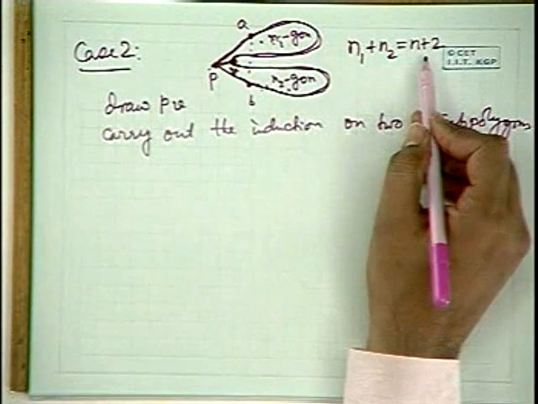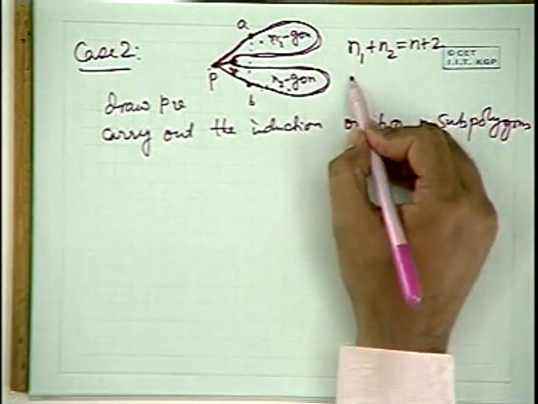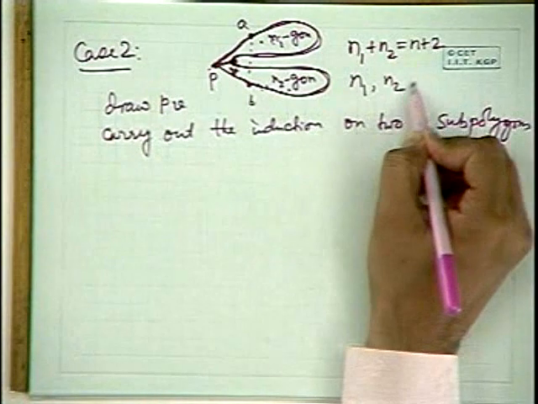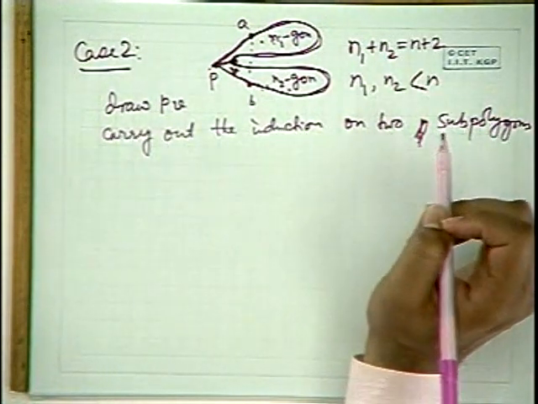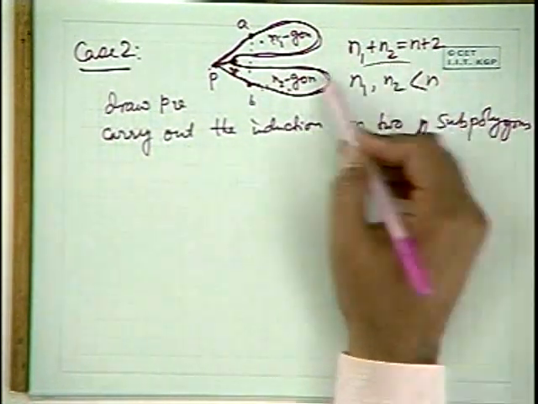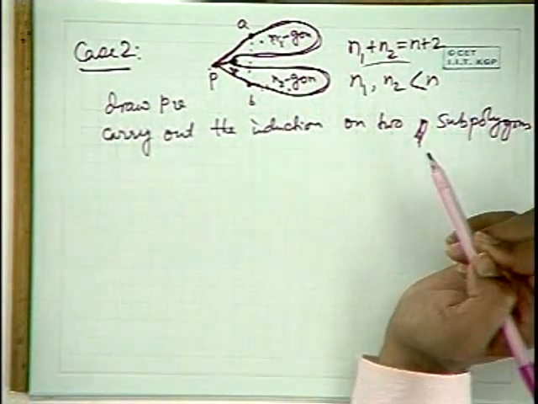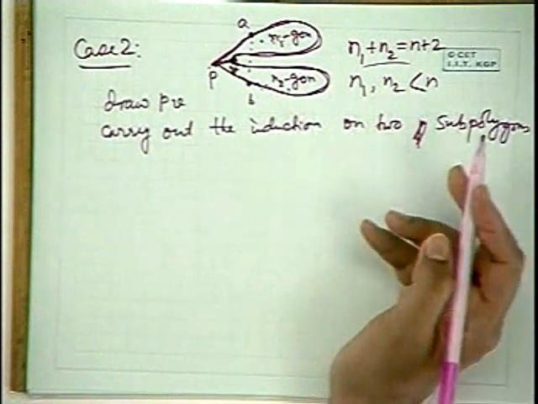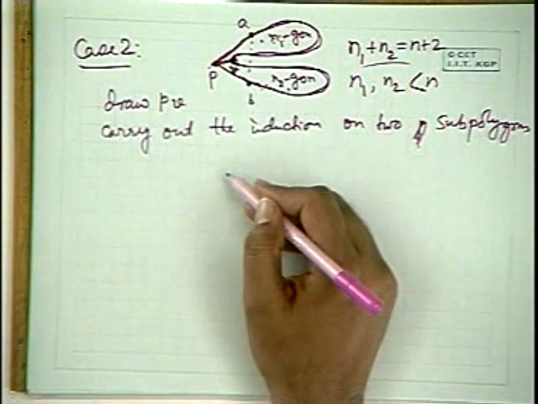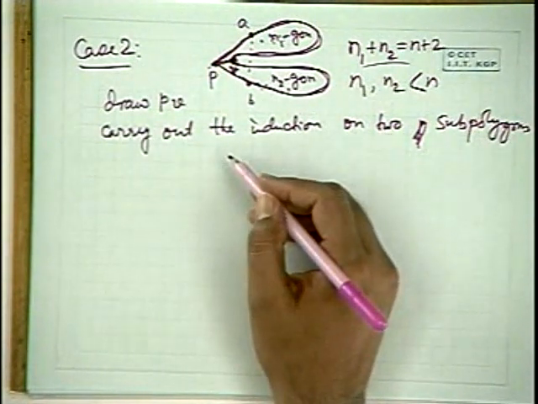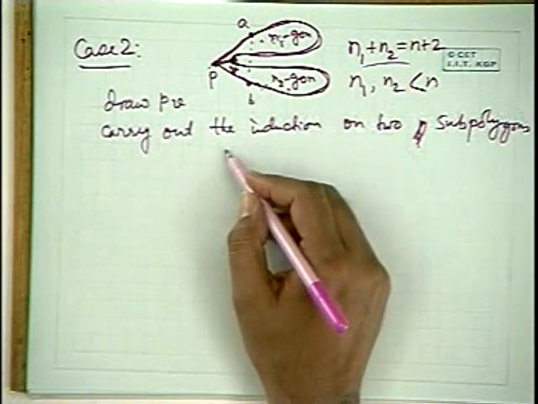So this is N plus 2. And we also know that N1 and N2 both are less than N strictly. So I can carry out the induction on these two subpolygons. So this proof now says that for every polygon, as we said, if it is non self intersecting, then we can always triangulate the polygon.